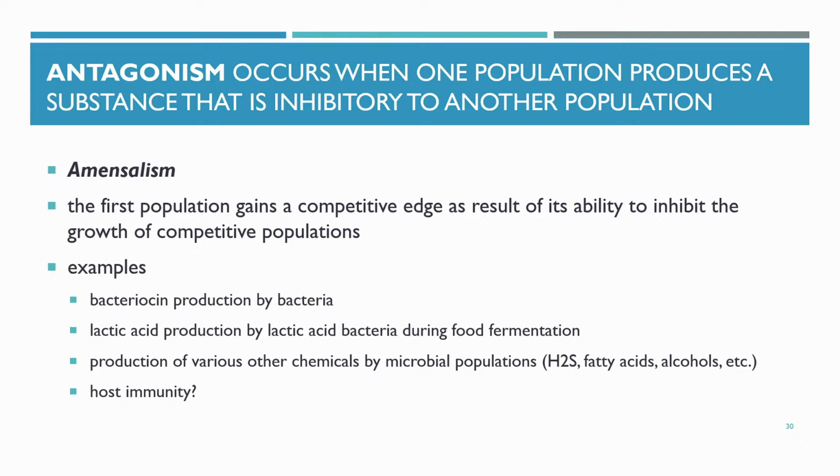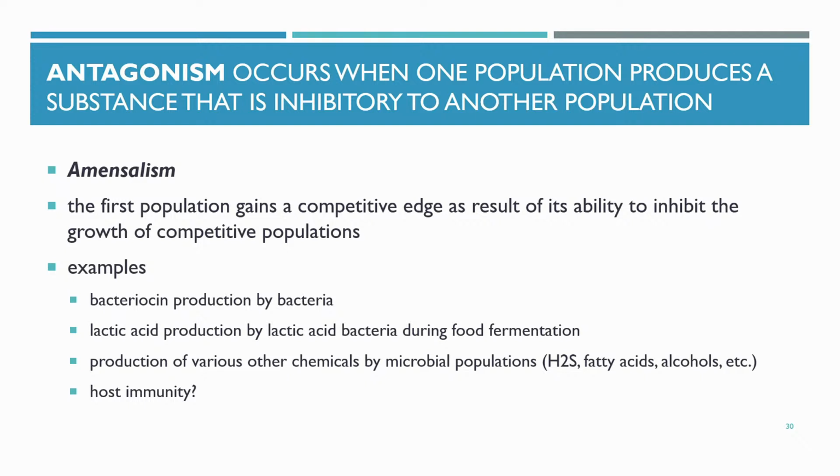An example is bacteriocin production by bacteria. Bacteriocin is essentially a type of antibiotic that bacteria can produce for themselves. Bacteria can form their own antibiotics in a way, keeping other bacteria out, while they are benefiting.